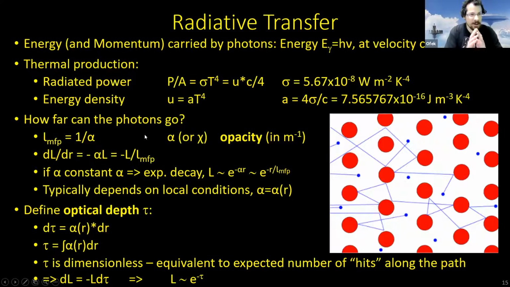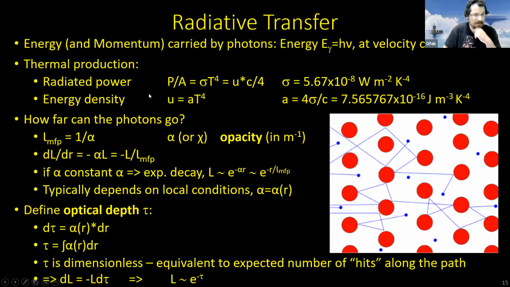Note that different books and different people have different conventions. Some books will call this alpha with the letter chi. But it's easy to remember if you follow the units correctly. This alpha or chi opacity has units of 1 over meter because it's basically 1 over the mean free path. It tells you how long a photon will propagate before it stops propagating.